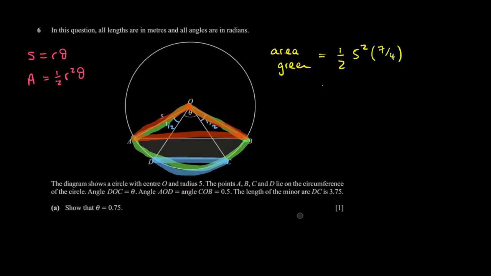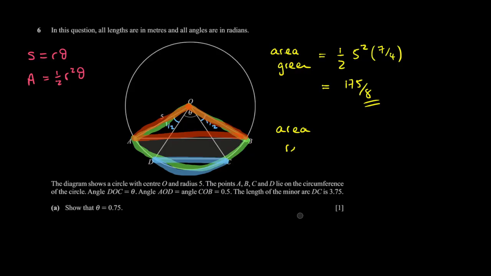Okay, so if we do that, we're going to get 5 squared times by 7, and then divided by 8. Okay, so 175 upon 8. So 175 upon 8 is the area of that little green region. Okay, how can we get the area of the red?